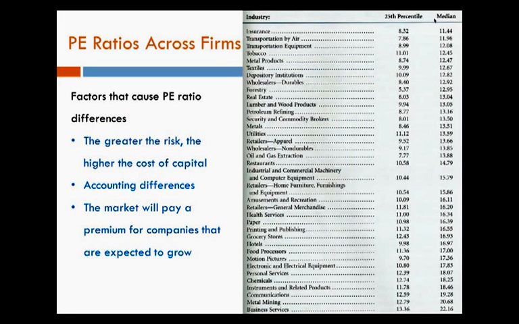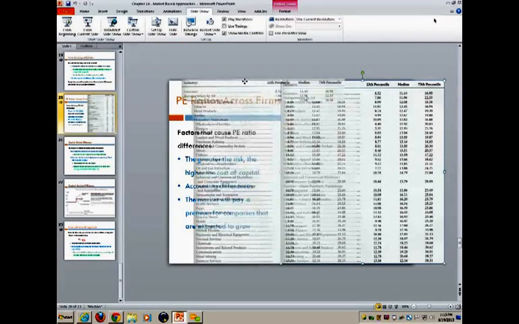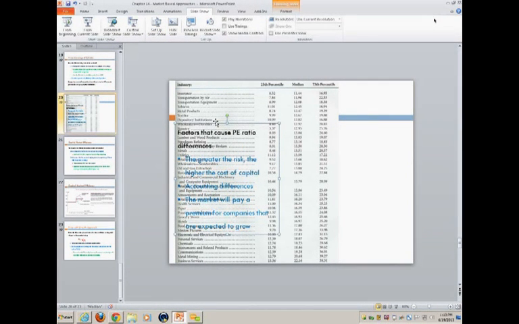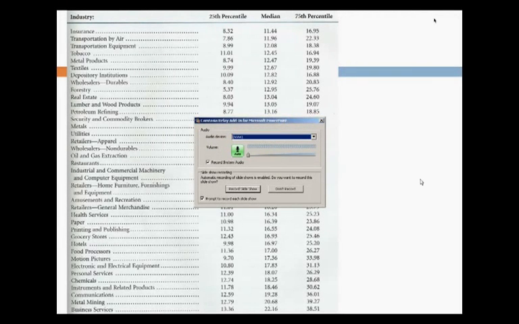Okay, so PE ratios, or the middle 50% ratio. I think I lost the right-hand side of this slide. Okay.